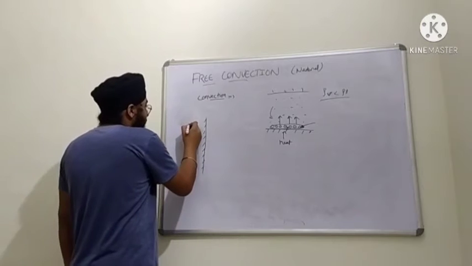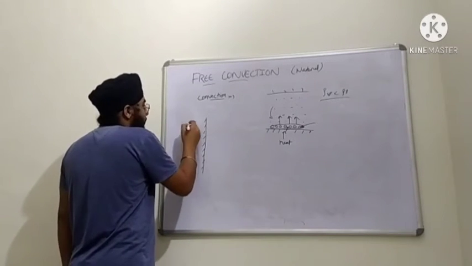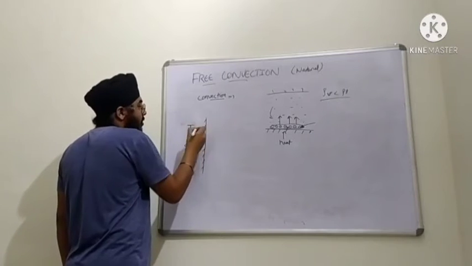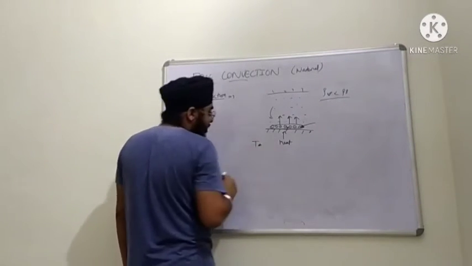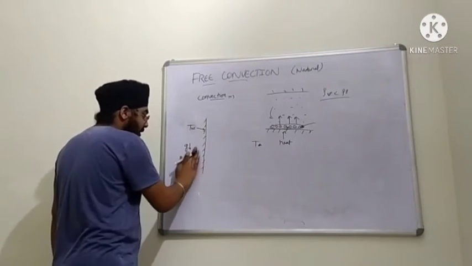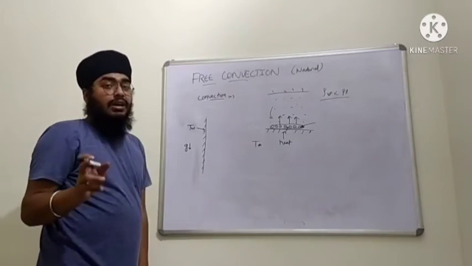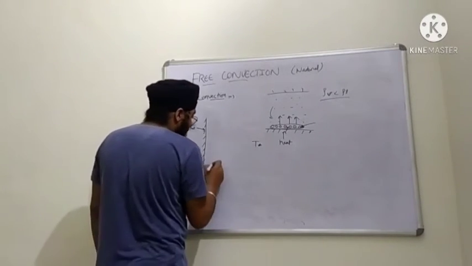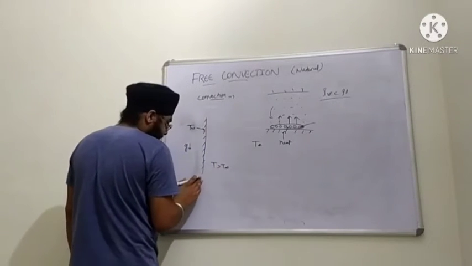Now let us say we maintain this wall at a temperature Tw, which is a constant temperature for the wall, and this is the temperature of the ambient, T infinity. Now what will happen is the air here will be at a greater temperature than the ambient, that is T is greater than T infinity.